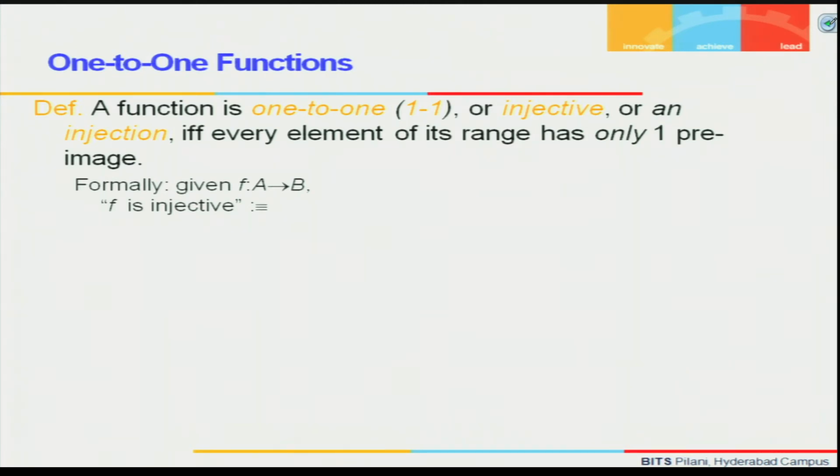What I mean here is, if f is a function from A to B, we call it a 1 to 1 function if and only if the range of f, which will be definitely a subset of B, has elements that each have only one pre-image, or equivalently saying, distinct elements in A should go to distinct elements in B.